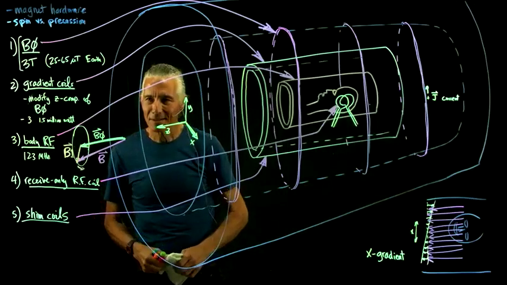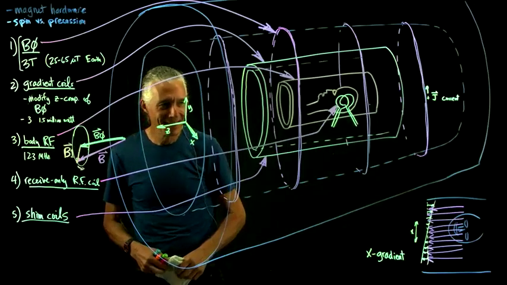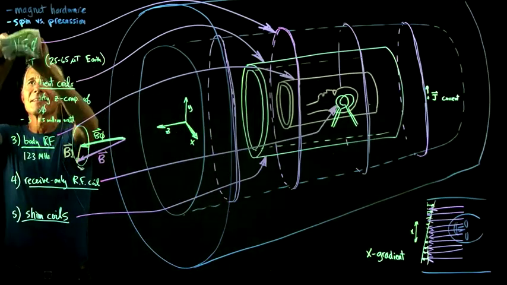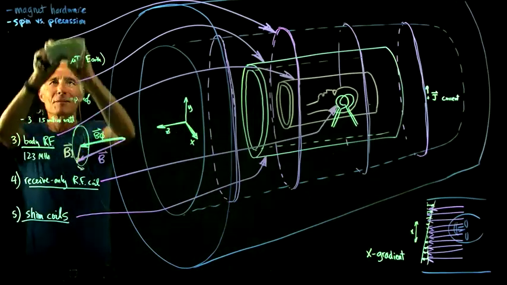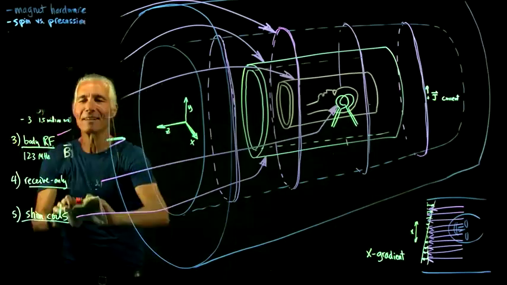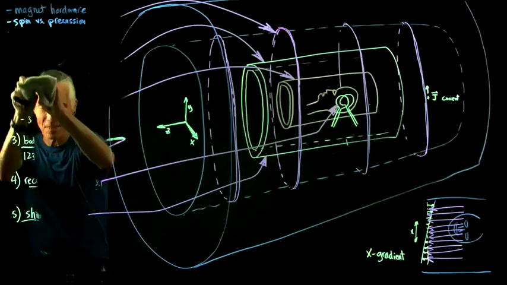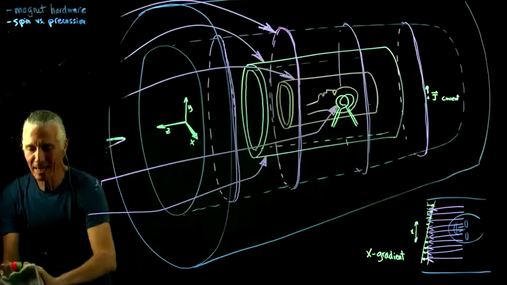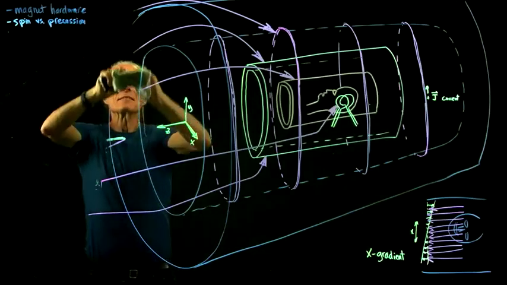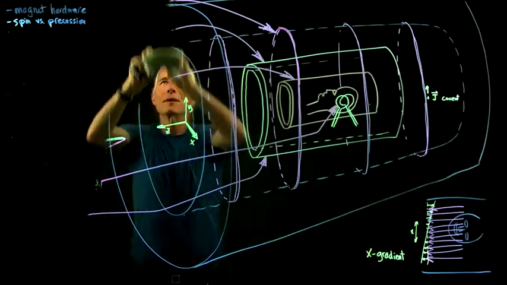Okay, all good? Parts of the magnet. Okay, so now I have to talk about quantum mechanics for about 10 minutes. You think of quantum mechanics as advanced, but the Greeks kind of knew about quantum mechanics.